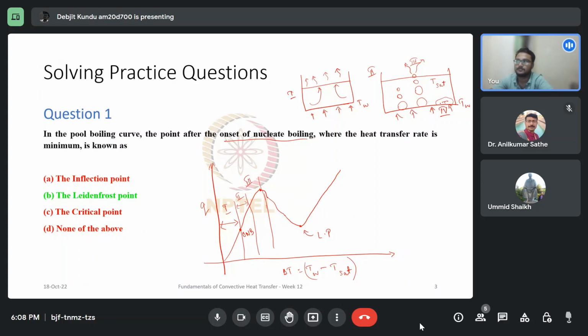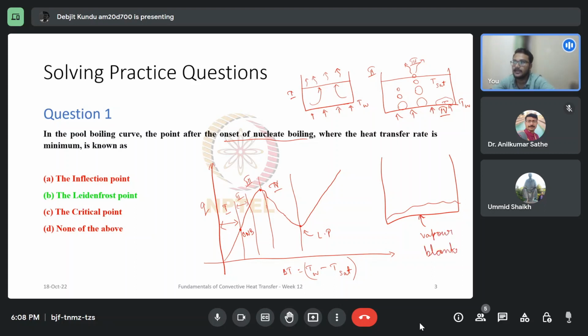These blobs go on increasing, and at this critical juncture called the Leidenfrost point, the entire bottom surface is filled with a vapor blanket.